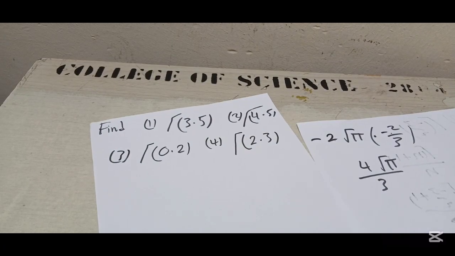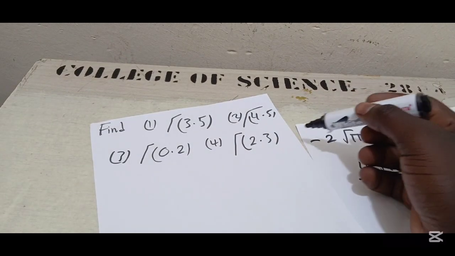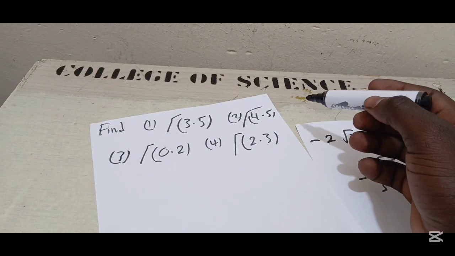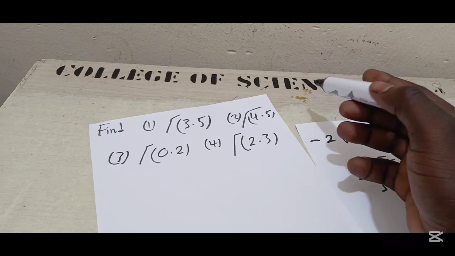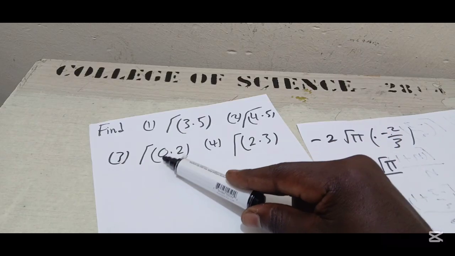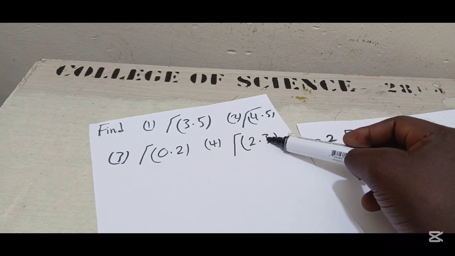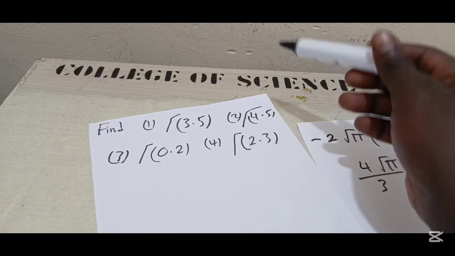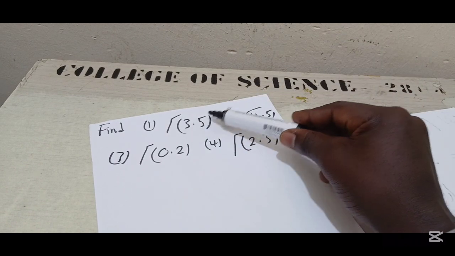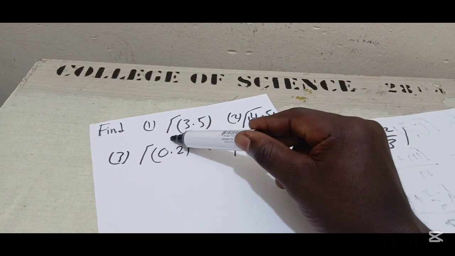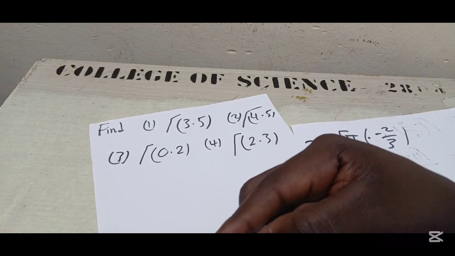So how do you solve this problem? You see, we also have a standard table for the gamma function. So you can refer to the gamma table to find the values for gamma 0.2 and gamma 2.3. But in cases where you have a gamma 3.5, there is a formula you can use to simplify this further.